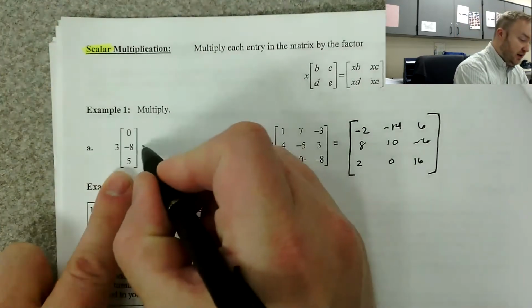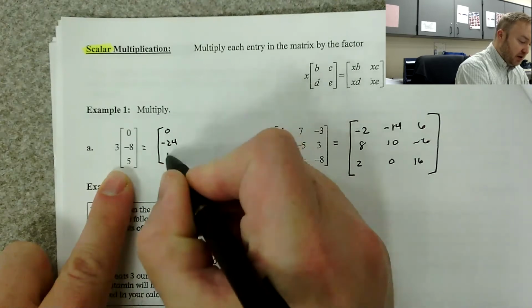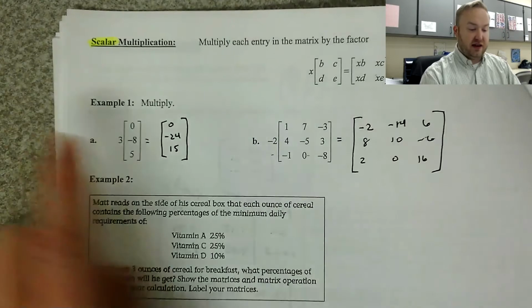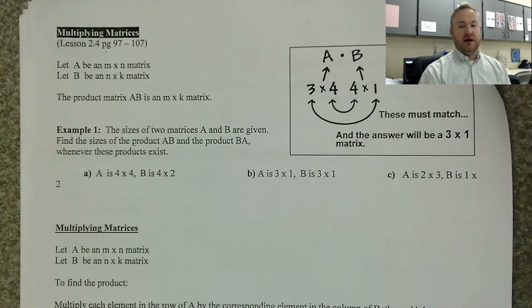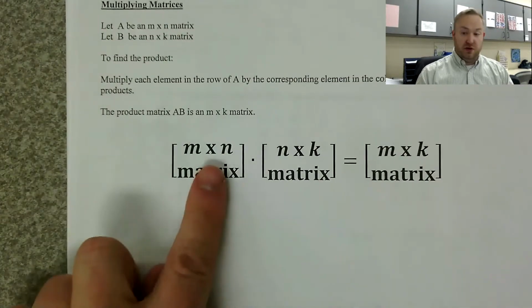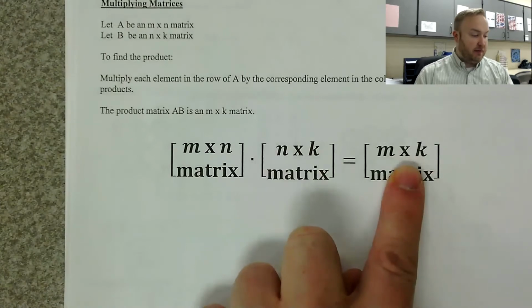I didn't do this one, but if I did, I would just multiply all the numbers in that matrix by 3, because 3 is a scalar. That's scalar multiplication. That's not what we're doing here. What we're doing here is multiplying 2 matrices together. Okay? So we're going to do 2 matrices together, and our answer now is going to be another matrix.